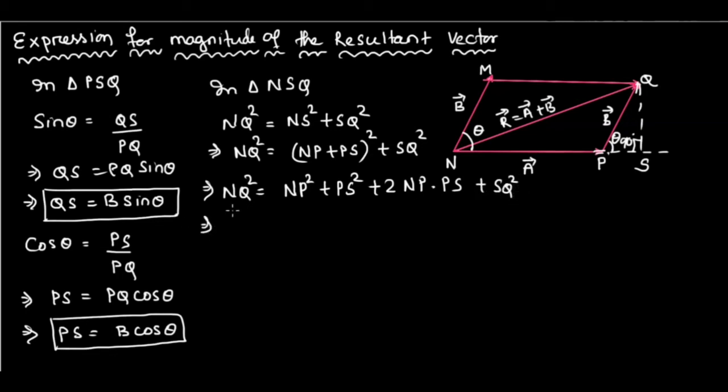NQ is the length of the resultant vector, means it is the magnitude of the resultant vector. So NQ square means R square.